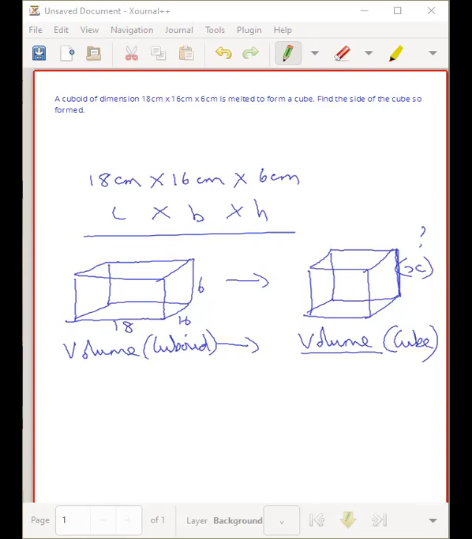That is correct. But you need to find out the side of the cube. So this volume is melted to form a cube. Think on what you can do now further to find out the volume of the cube. Mahuri, check your working.